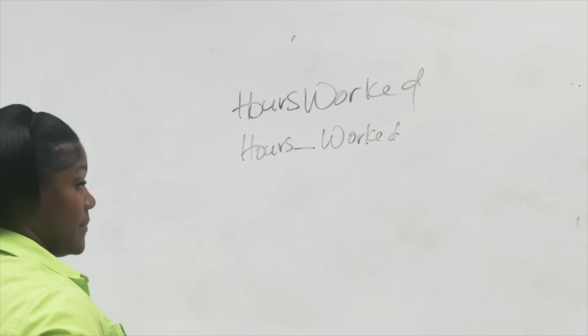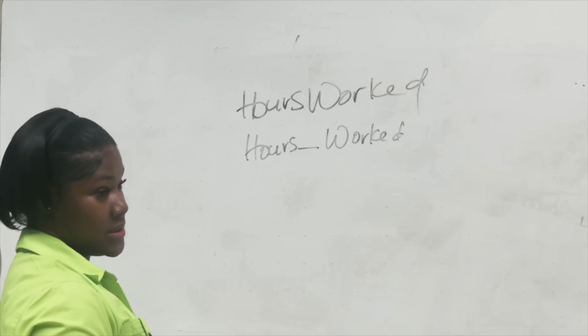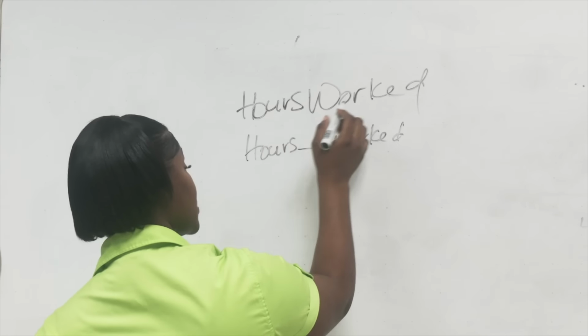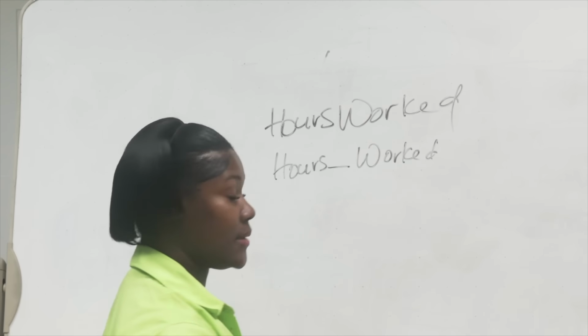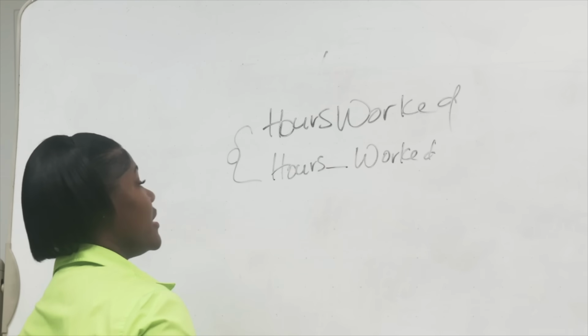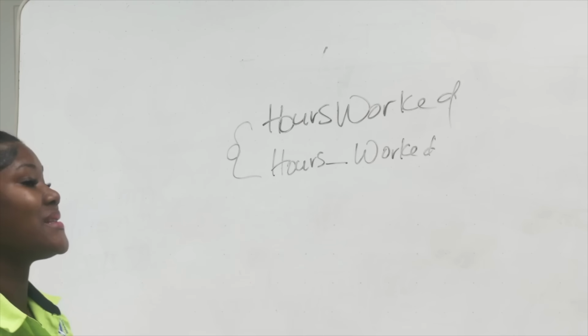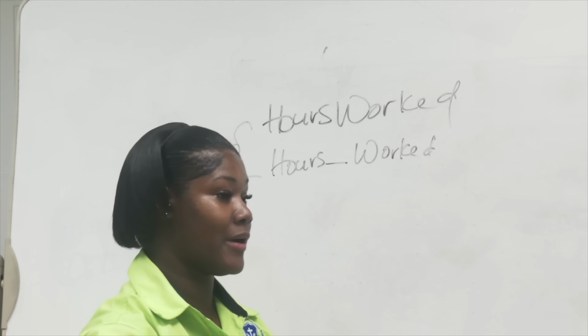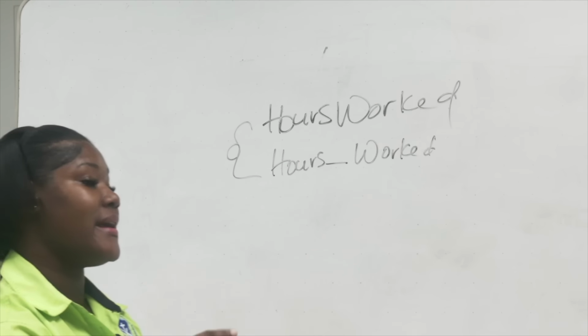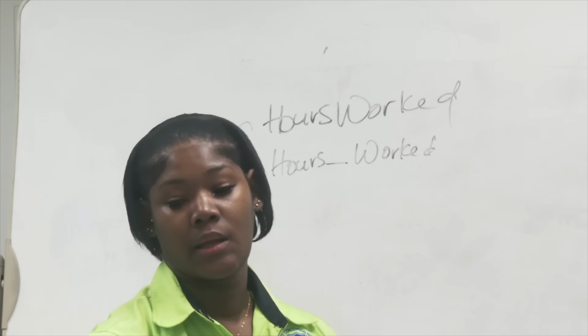Are these the same variable names? No, they're not, right? One is hours worked, while the other is hours underscore worked. Two different variable names. So if this was an actual program, I would get a syntax error. Your syntax error prevents the program from running, right?